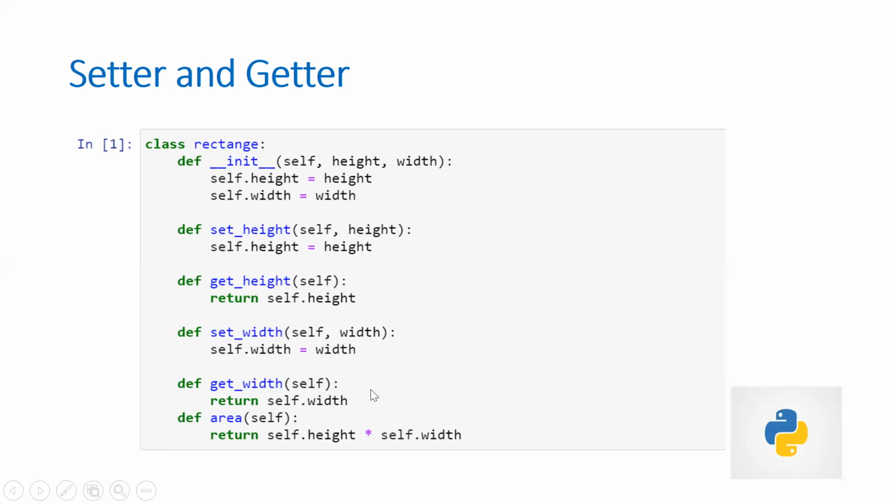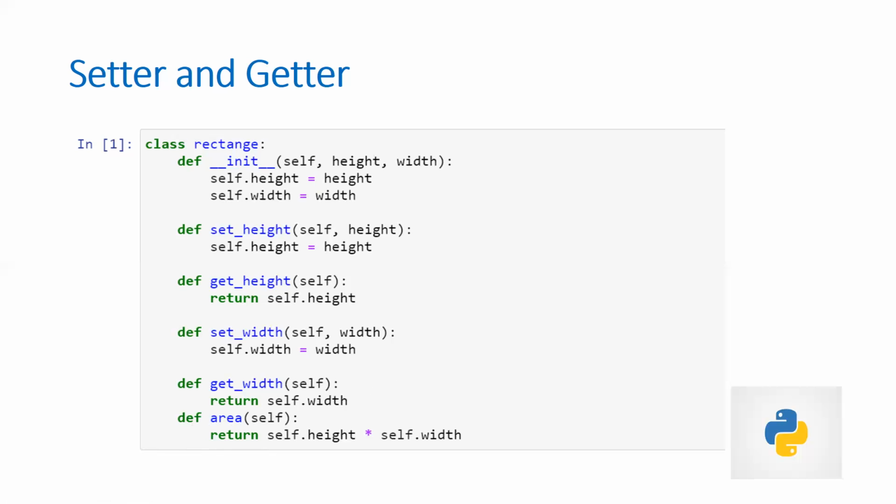If I want to do some extra calculation, like finding the area using those attribute values, then I write another function, area. It will generate the area, so I mention the equation.